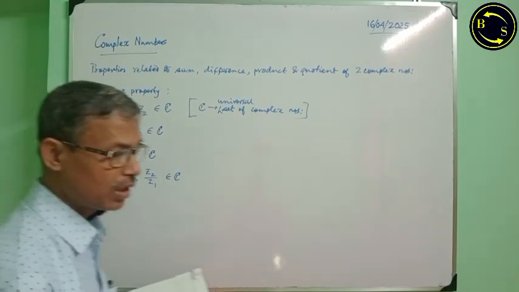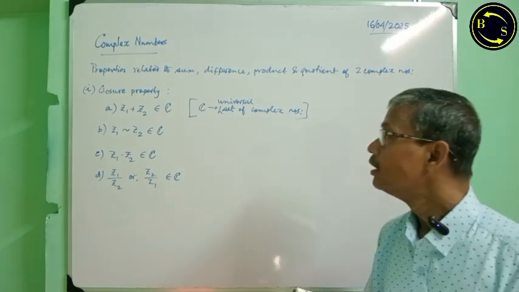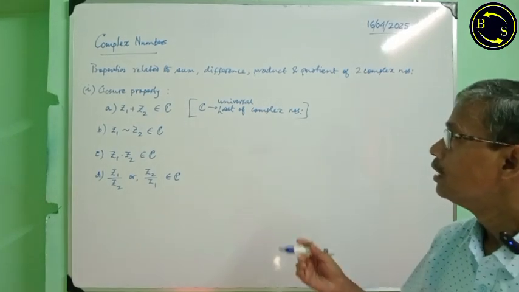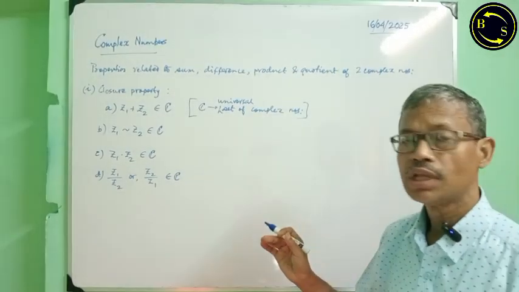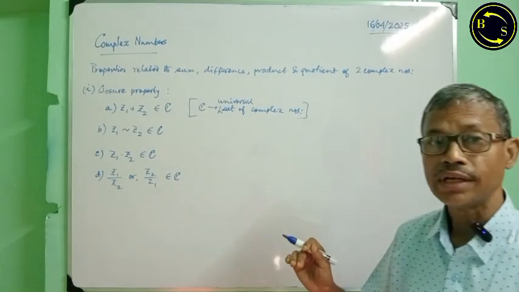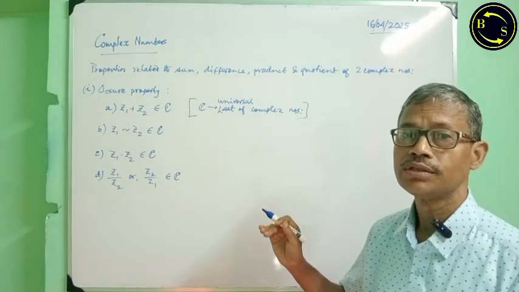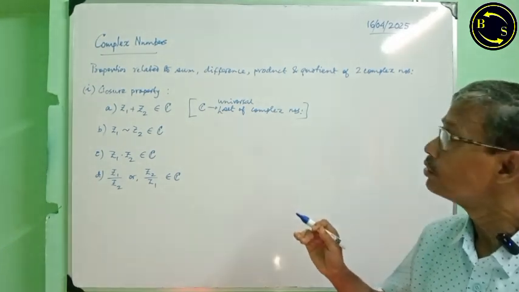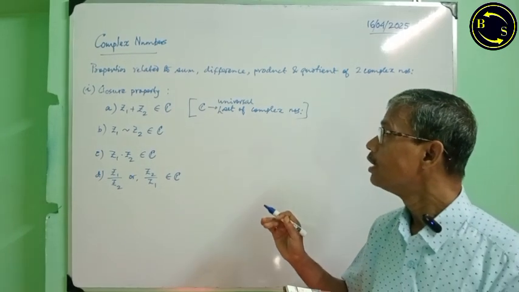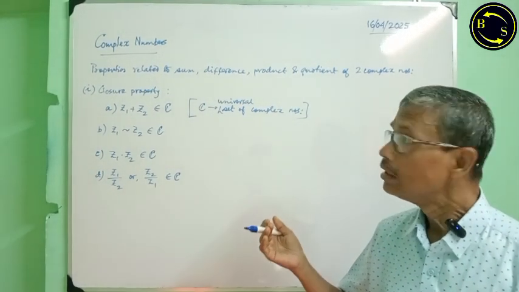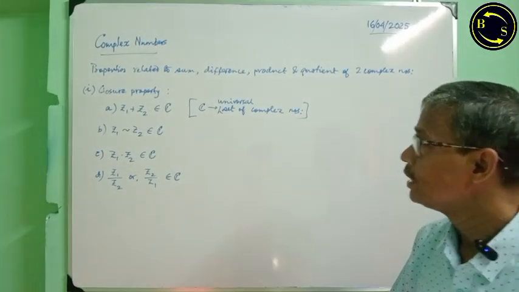All these together is called closure property. I clarify, Z1, Z2 both are complex numbers and results obtained by taking sum, difference, product and quotient are also complex number. That means the results are in the complex number. This is closure property.